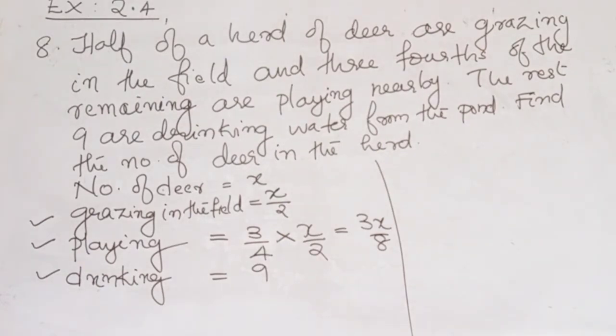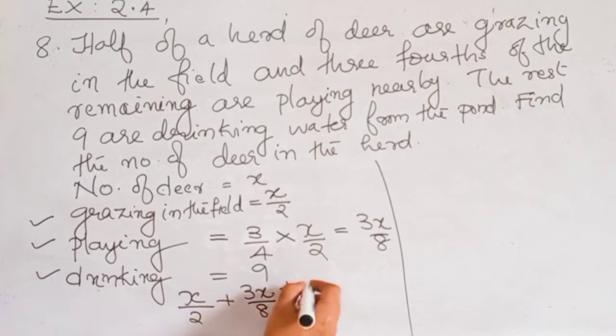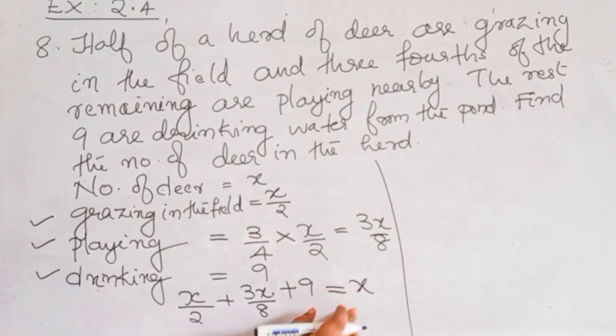So we can write the equation. First is grazing in the field, x by 2, then playing means 3x by 8, plus the remaining 9. All together, when you add all this, you will get x, because x is the total number of deer. Hope it's clear to you, and we need to solve this equation.